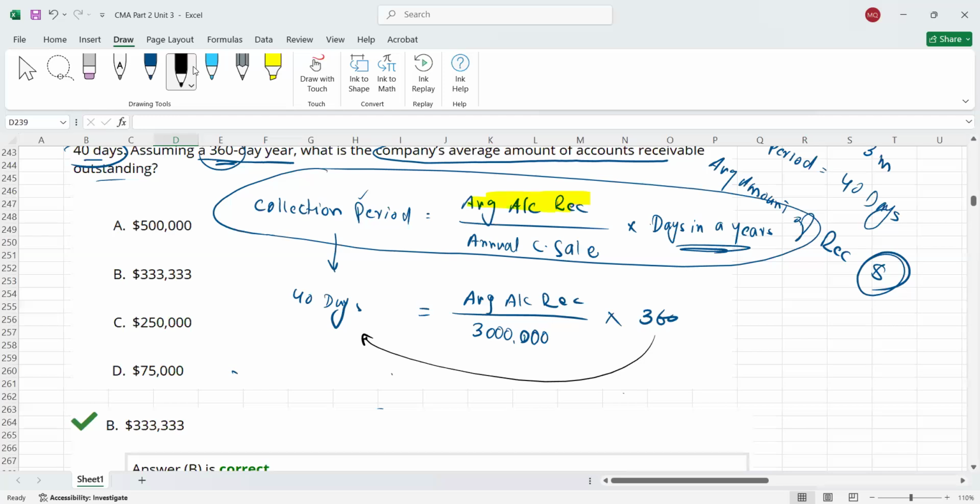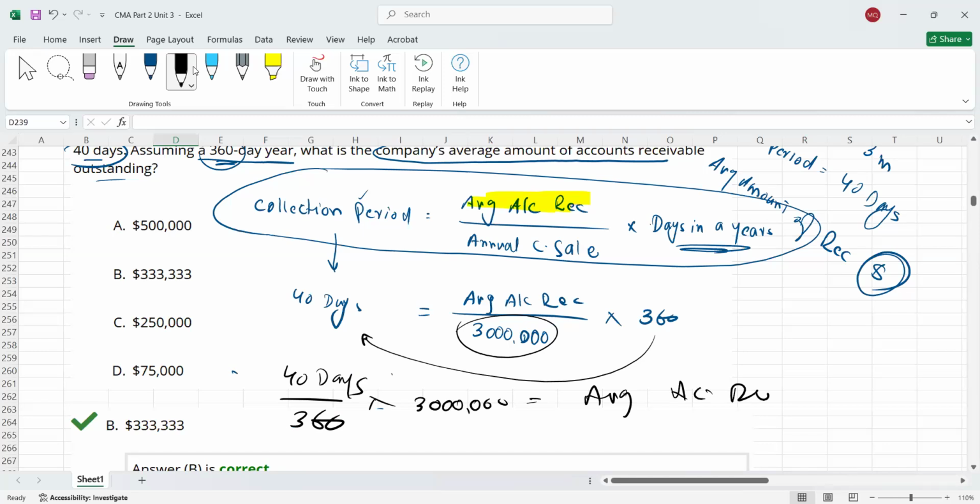It will be 40 days divided by 360, multiplied with the credit sales, which is 3 million. This will also give you average account receivables. Or you can write credit sale here and multiply 40 days here also. It's up to you. I hope it is clear.